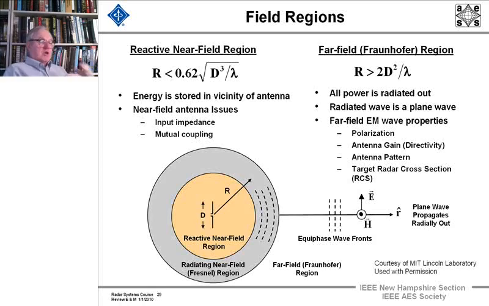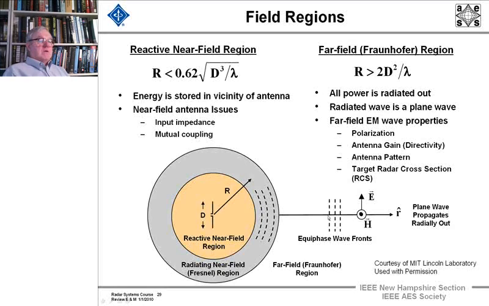generating one giant beam. In the far field, the so-called Fraunhofer region, that's when the range is significantly greater than twice the diameter of the radiator divided by the wavelength. All the power is radiated out, and the radiated power is effectively a plane wave.